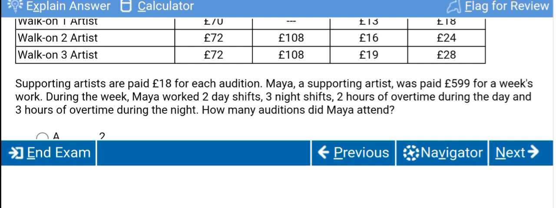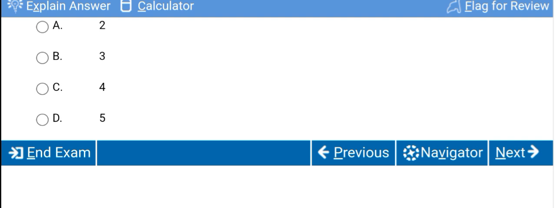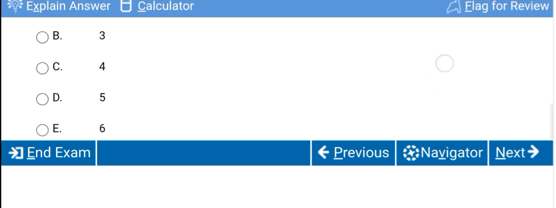During the week, Maya worked 2 day shifts, 3 night shifts, 2 hours of overtime during the day, and 3 hours of overtime during the night. So, how many auditions did Maya attend? Option A 2, option B 3, option C 4, option D 5, and option E 6.